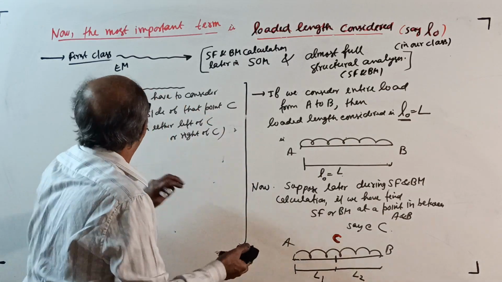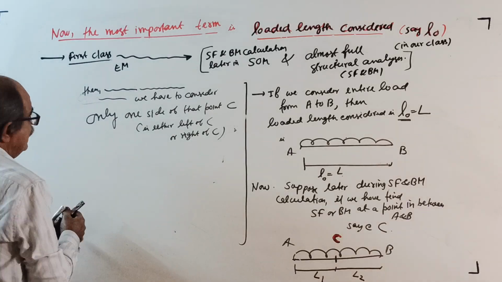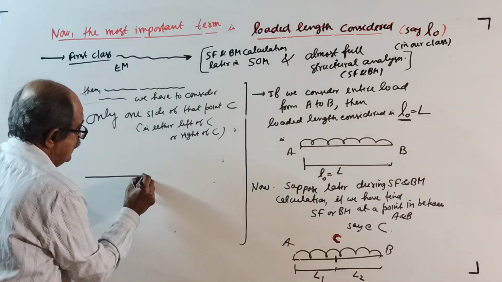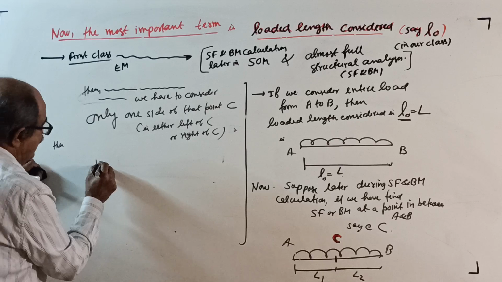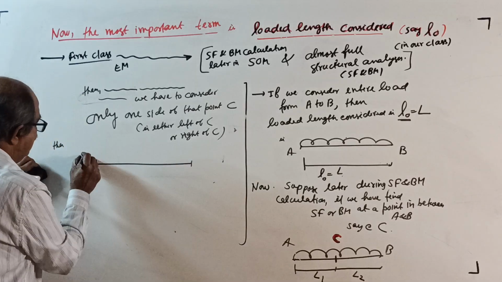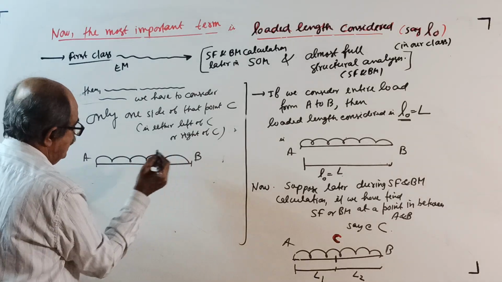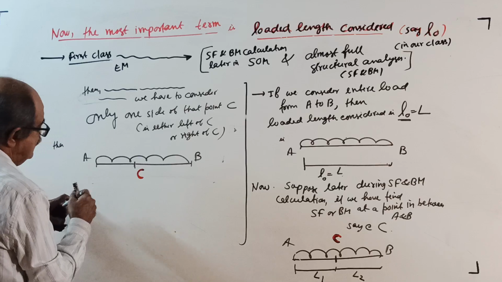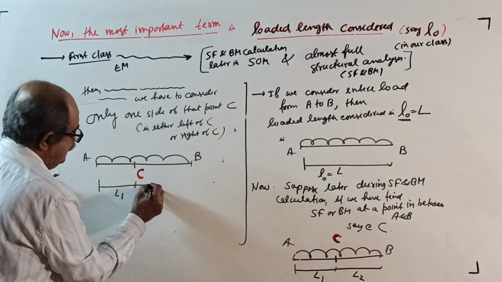Then what happens? If this is A, this is B, this is UDL, point C is here, this is L1, this is L2.